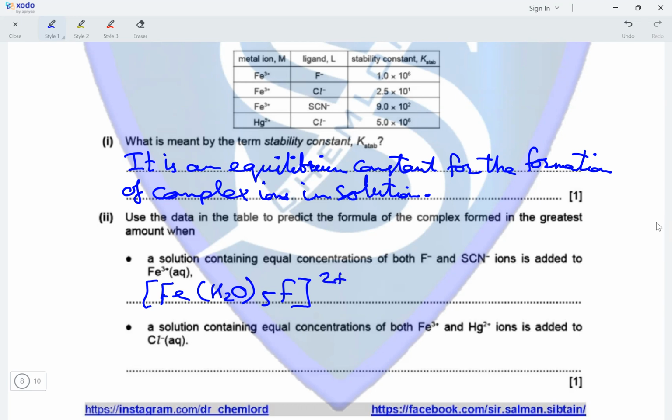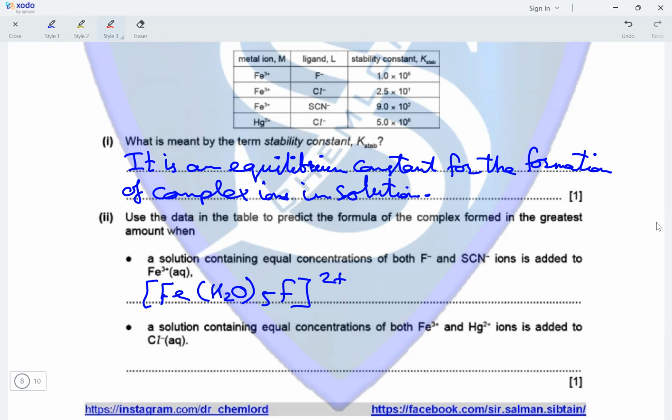For the second part of this question, a solution containing equal concentration of both Fe3 plus and Hg2 plus ions is added to chloride ions. So if we have Cl negative ions attaching to iron 3 ions, the stability constant is 2.5 × 10 power 1, and with mercury it is 5 × 10 power 6. So the mercury one is more stable.